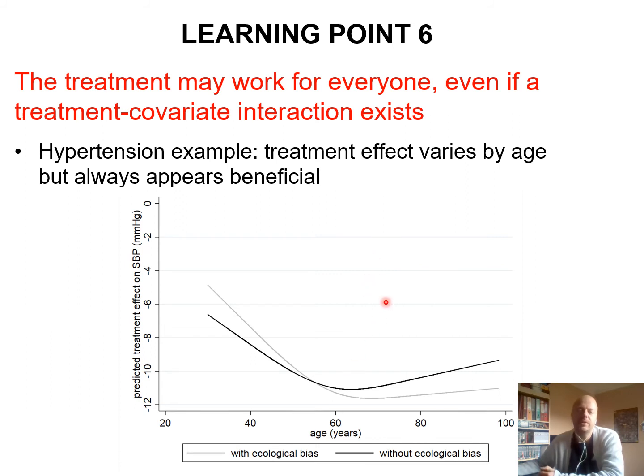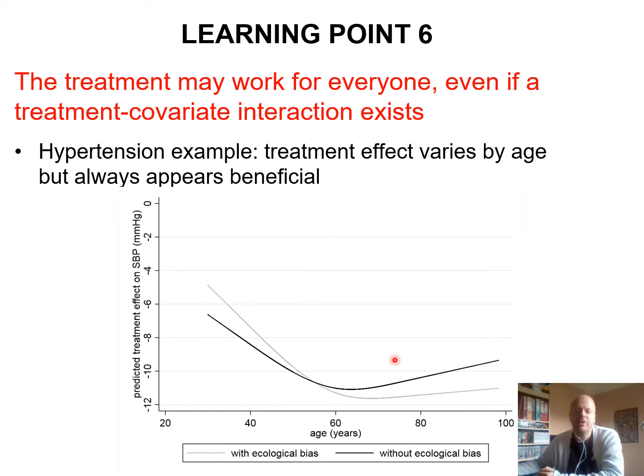Remember earlier we said that there looked like there was a nonlinear relationship between age and blood pressure. Here, when we model our interaction properly without ecological bias, we've got this black line, and we see that my predicted treatment effect for age goes from about -6 when you're about 30 to about -11 when you're about 60 and about -9 when you're about 100.